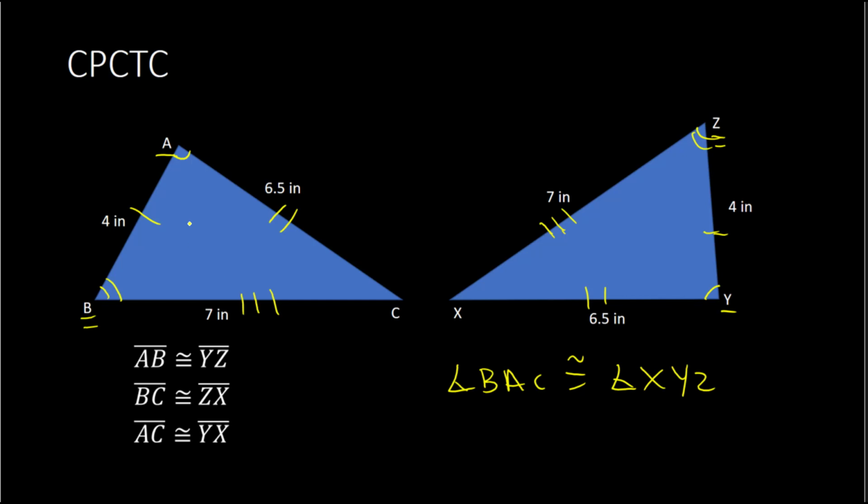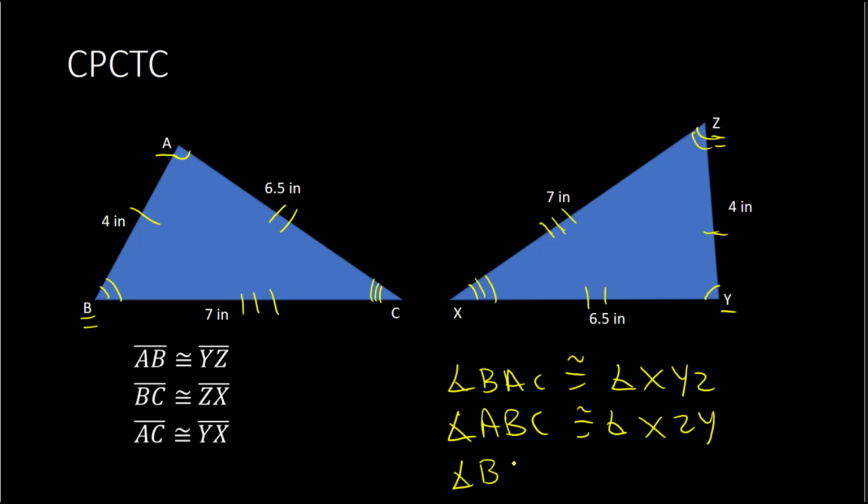So the way we name this, we have angle ABC. ABC is congruent to this angle up here, which would be XZY. And then lastly, angle C is congruent to this angle right here, angle X. And using 3 letters to name it, we have angle BCA.